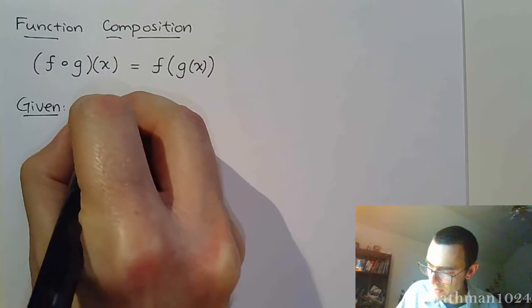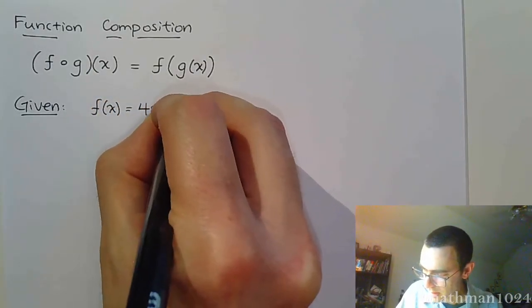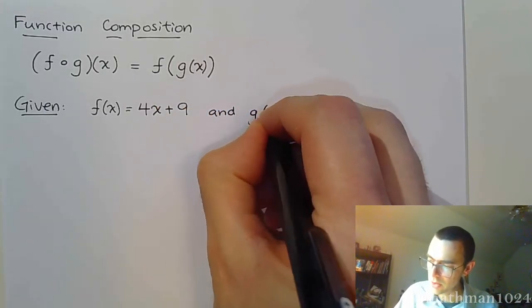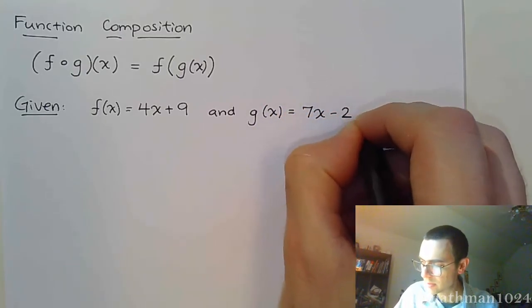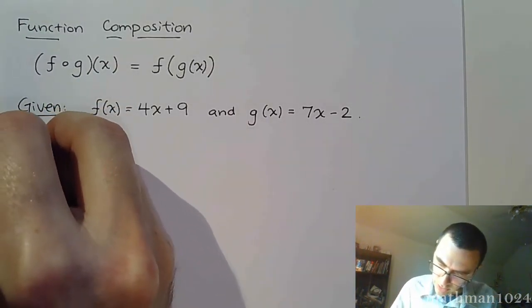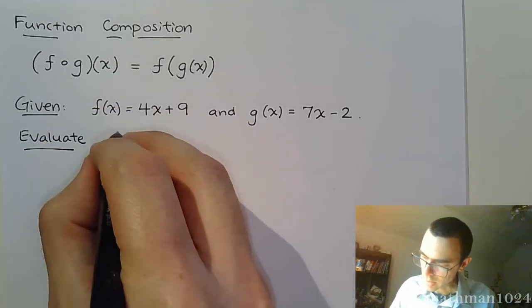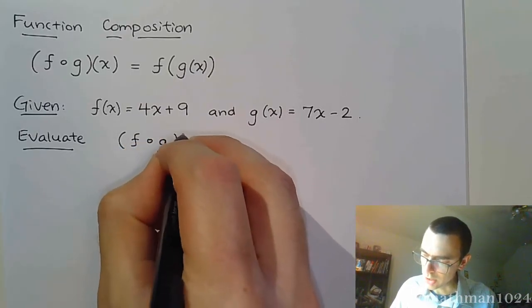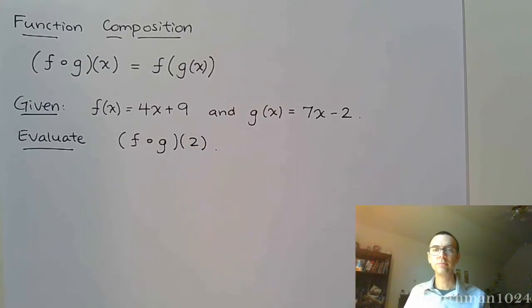So if I say that f of x is equal to 4x plus 9, and g of x is equal to 7x minus 2, I want you now to evaluate f of g of 2.